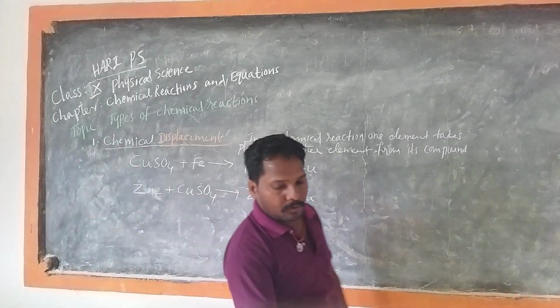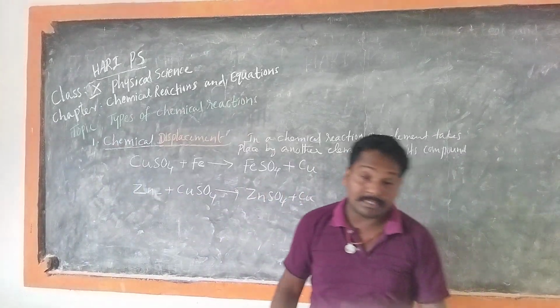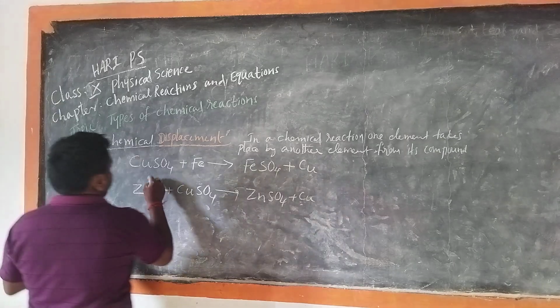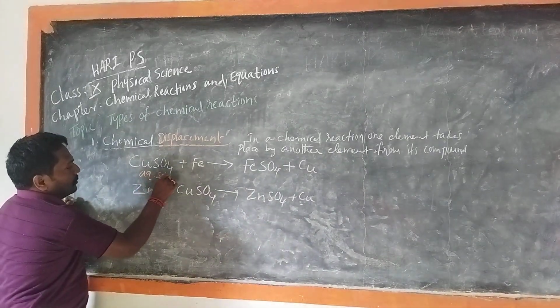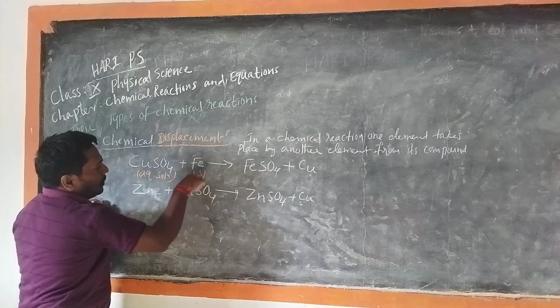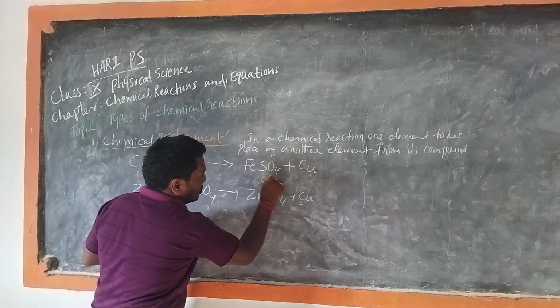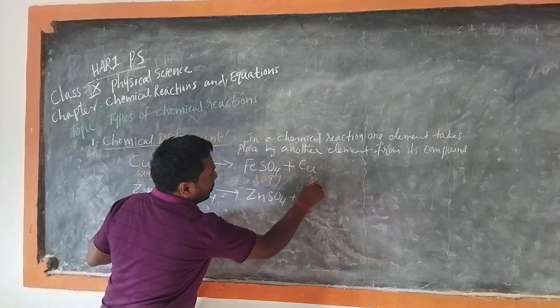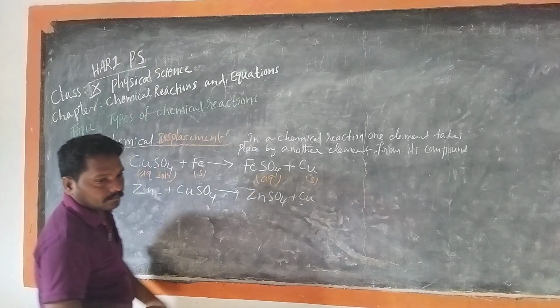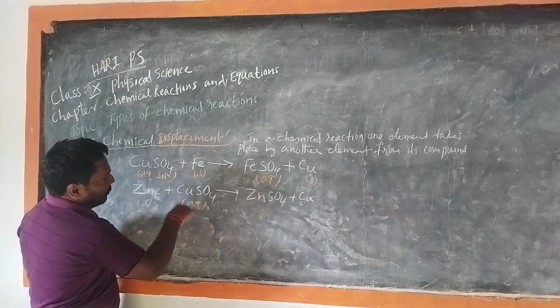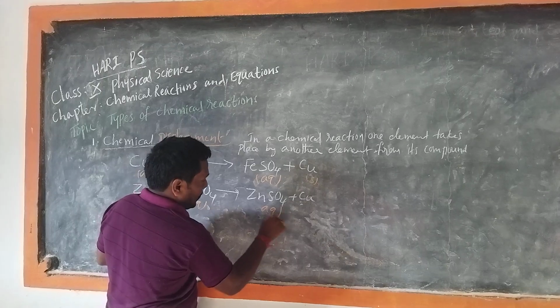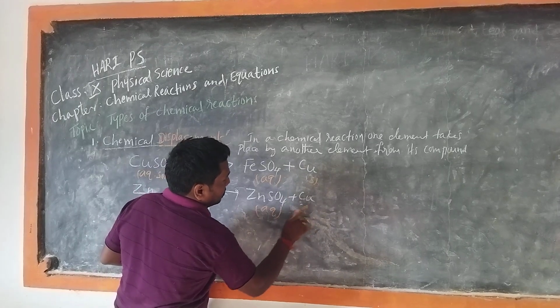Copper sulfate is an aqueous solution and iron is a solid, and iron sulfate forms as aqueous solution and copper as a solid. Similarly, zinc is a solid, and zinc sulfate is an aqueous solution, and copper is a solid.